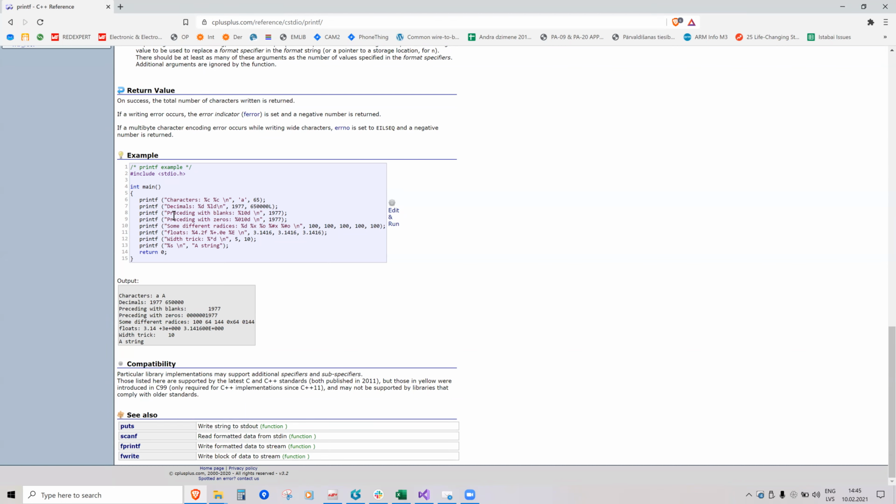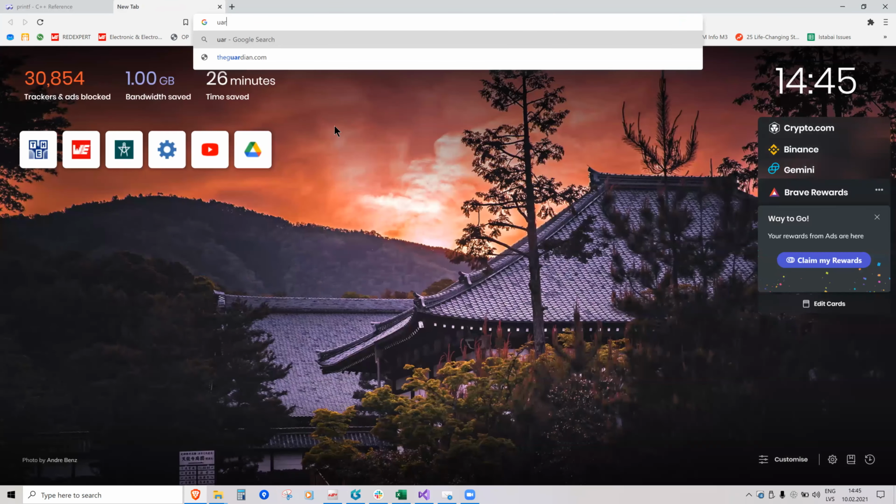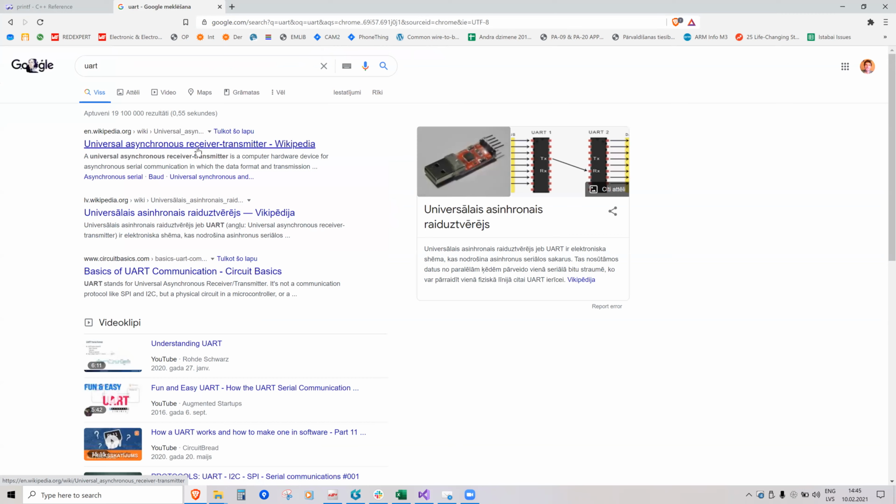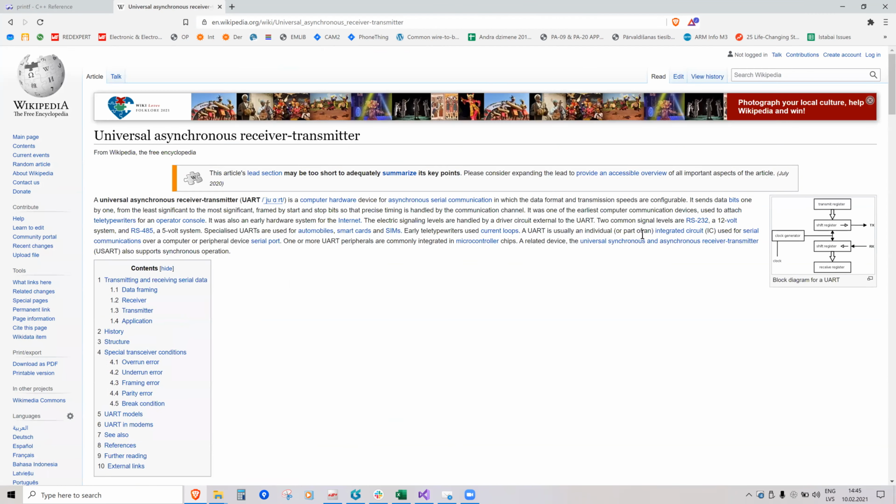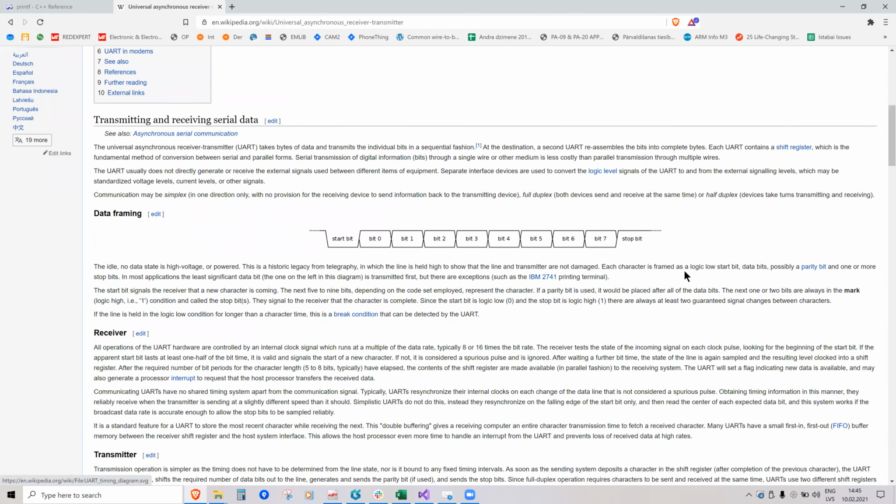Okay, and the transmission of these letters is usually done using a peripheral which is called UART, Universal Asynchronous Receiver Transmitter, and it happens in the following way.